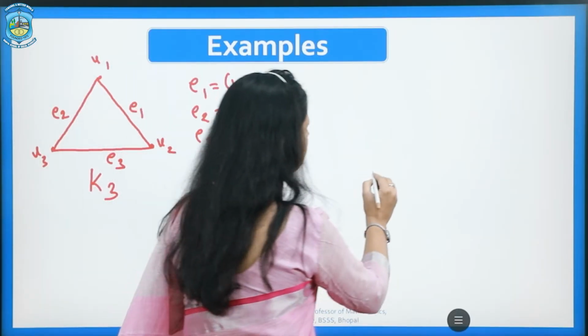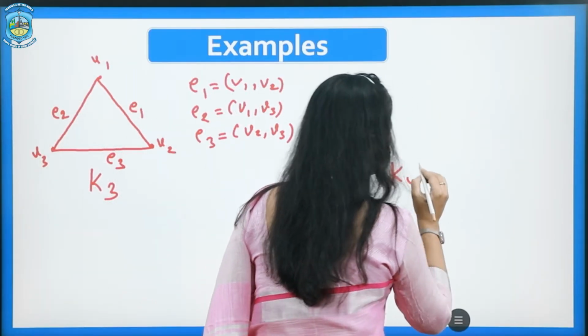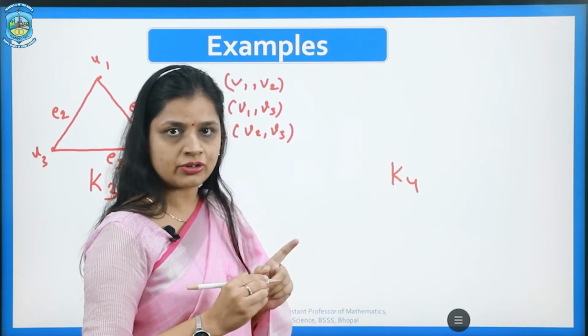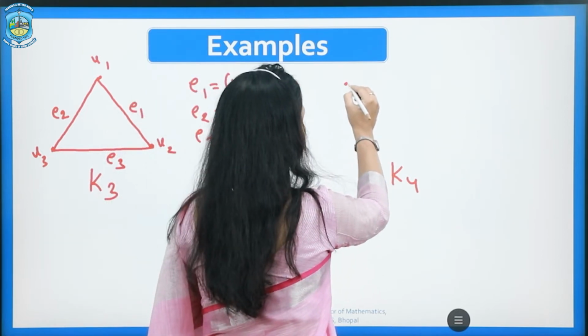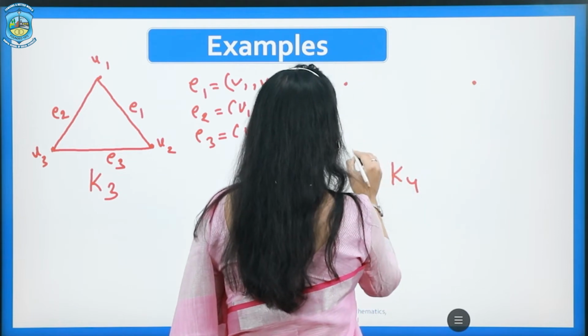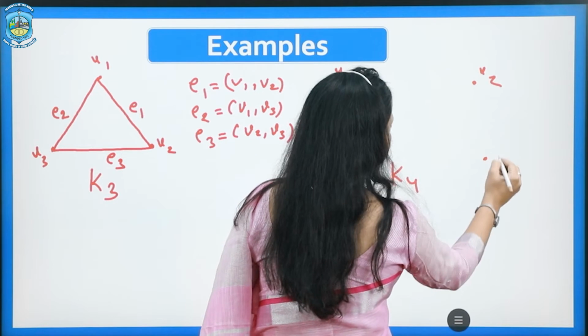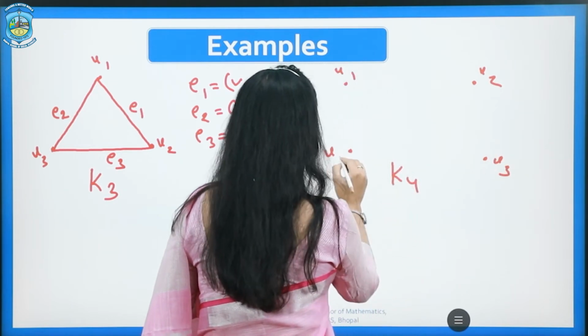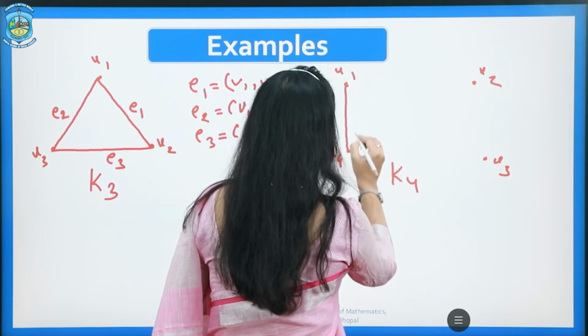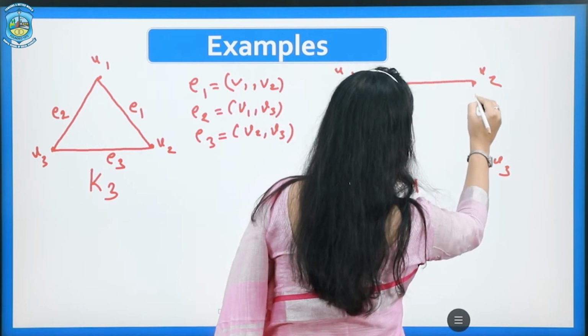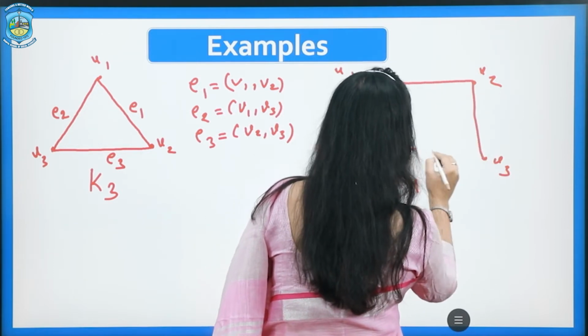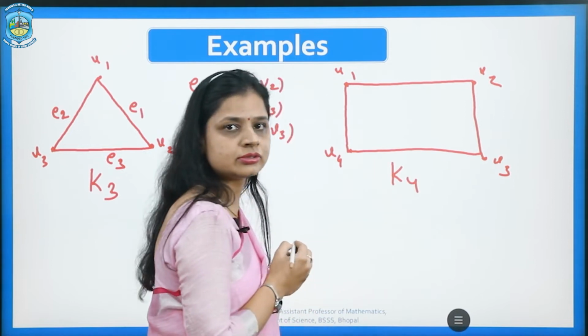Now if we have to draw K4, that is the complete graph of 4 vertices, first we'll draw 4 vertices. Then we can draw either a rectangle or a square joining these 4 vertices.